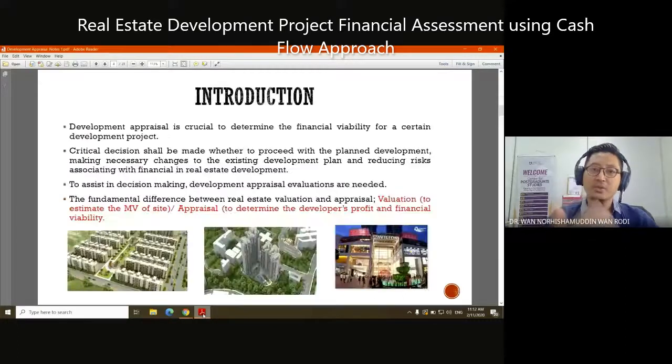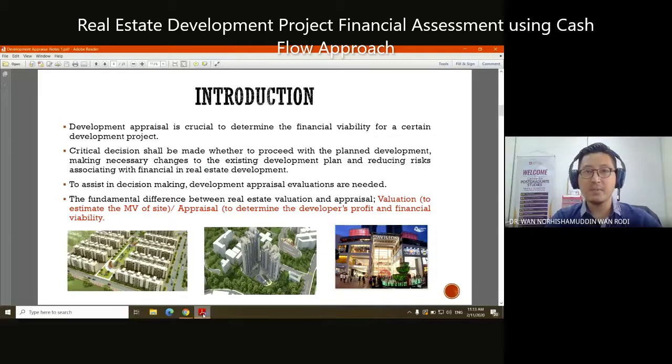Let us look into the introduction. Why do we need to conduct development appraisal? Okay, first and foremost, development appraisal is one of the tasks that is needed to determine the financial viability for a certain development project. So before we proceed with any type of development, we need to identify first whether the site has the potential to be developed from the financial perspective.